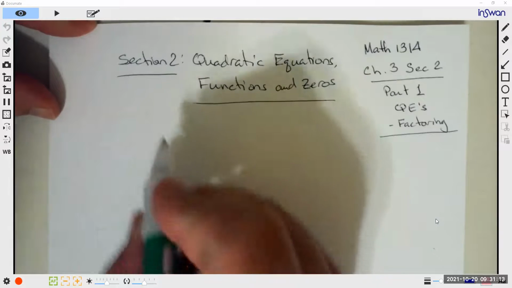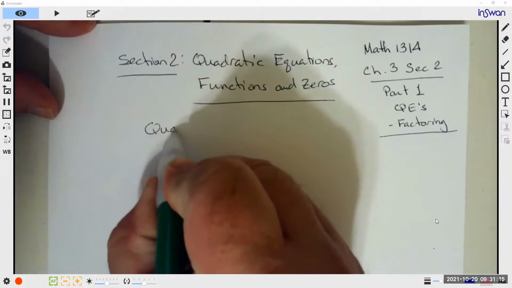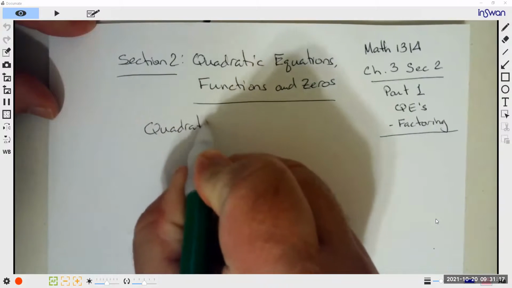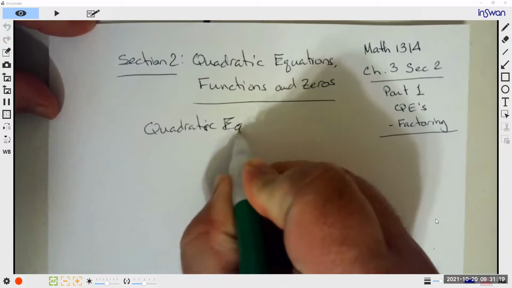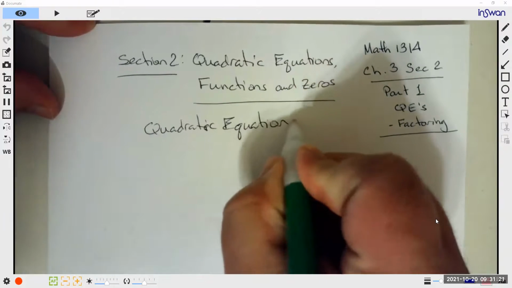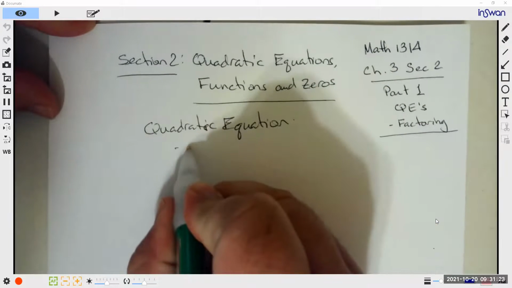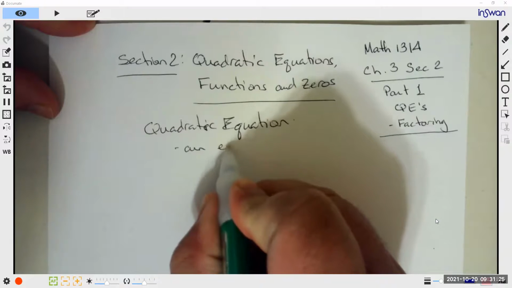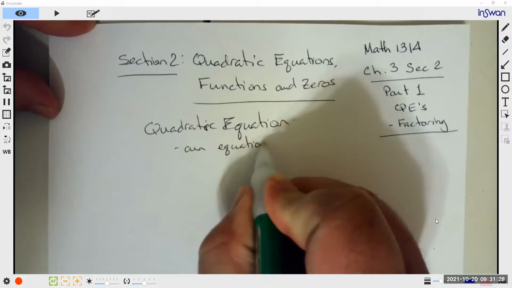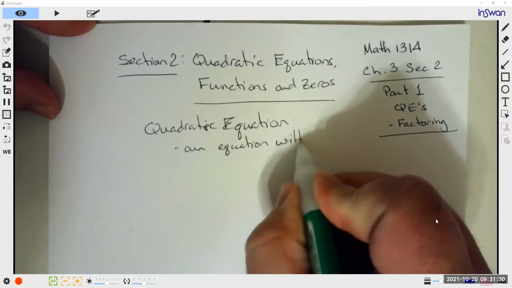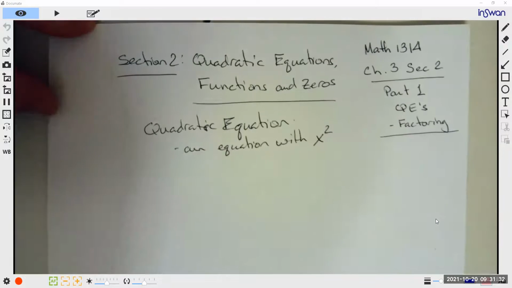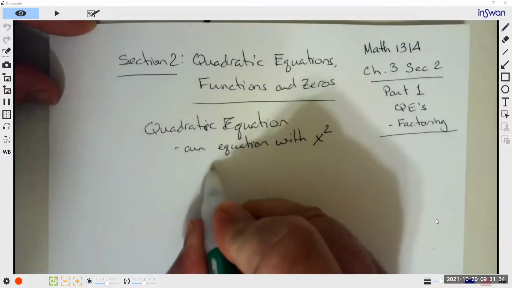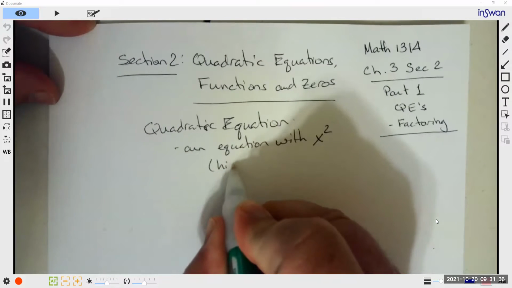Okay, first, let's begin. A quadratic equation. What is it? It's an equation with x squared being the highest exponent.